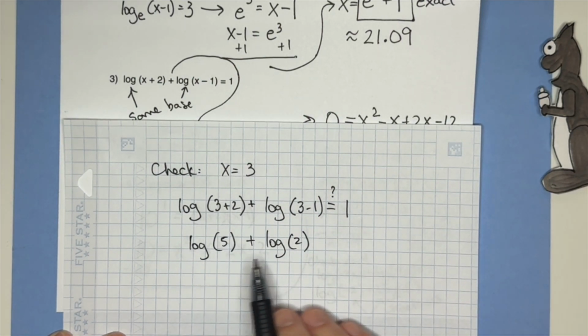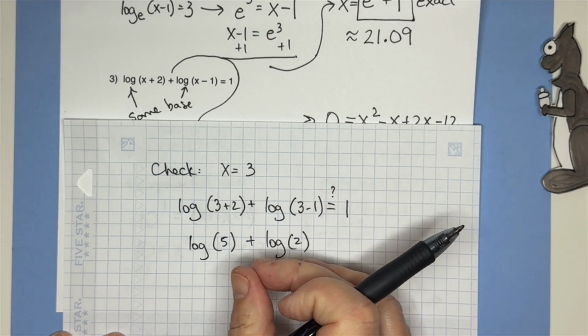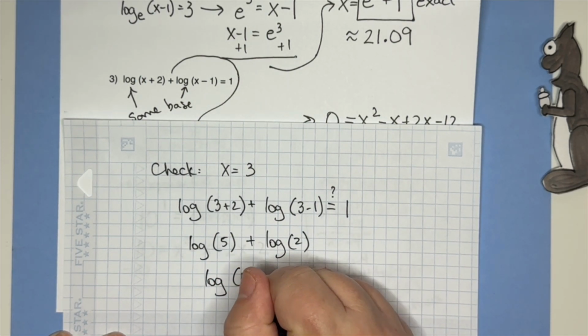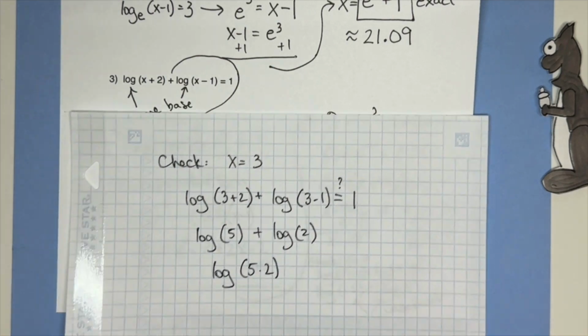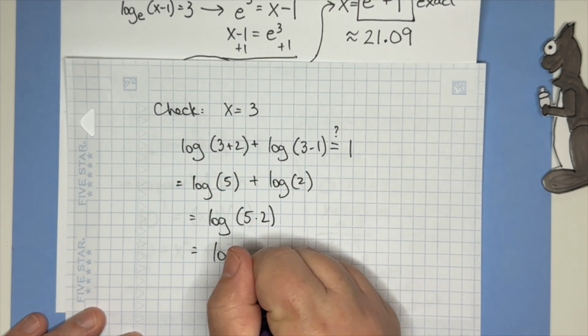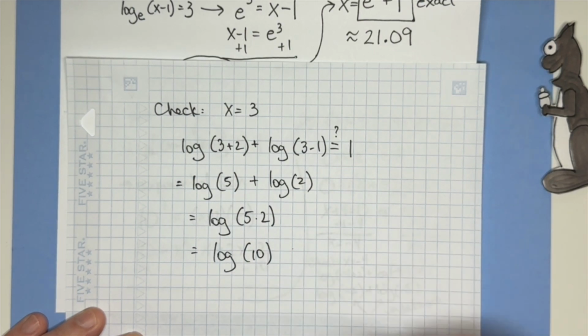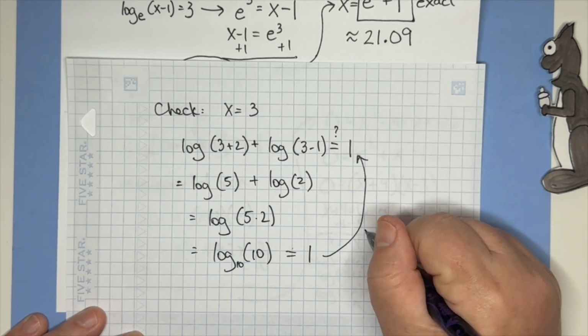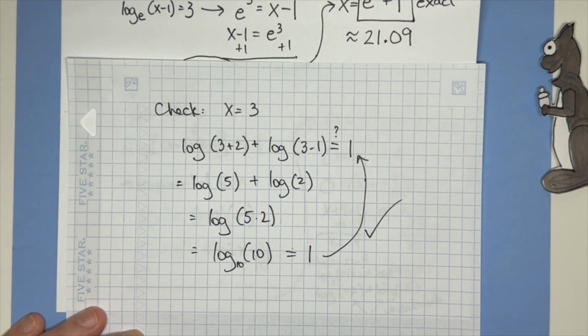Now, if they're both logarithms, I can combine them and make it into a single logarithm, log of 5 times 2, over here on the left. So that's the log of 10. Now, what is log base 10 of 10? That's 1. Woohoo! So when x equals 3, it checks out.